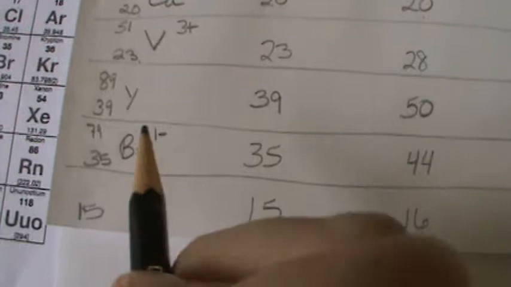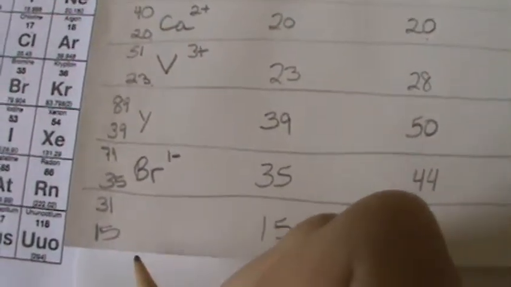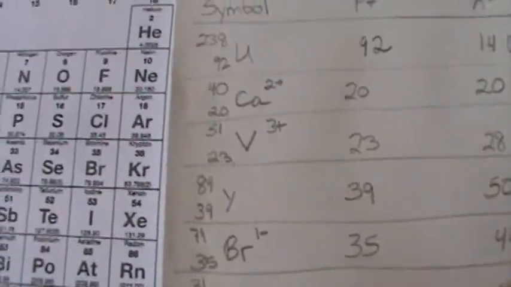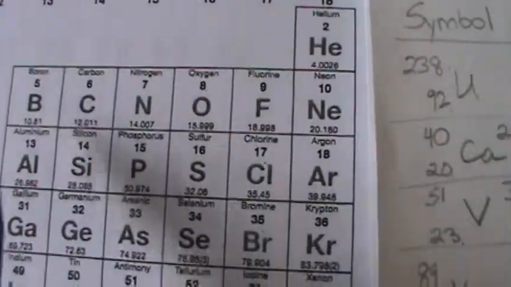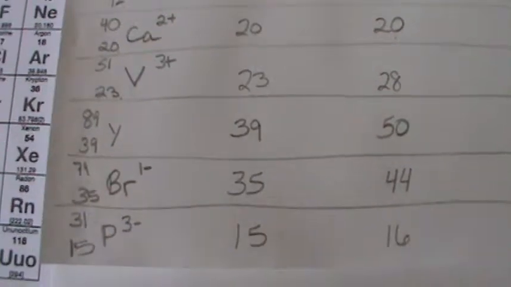Then 15 plus 16 is 31, okay, for our mass number. And we need to find number 15 up here, and it is phosphorus. And remember, we have an overall 3 minus charge. I love that problem.